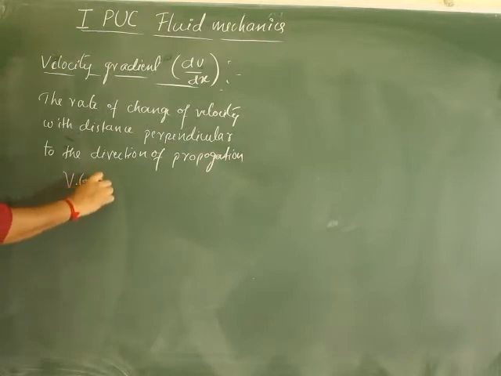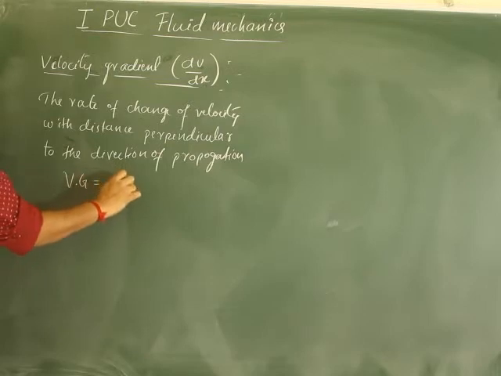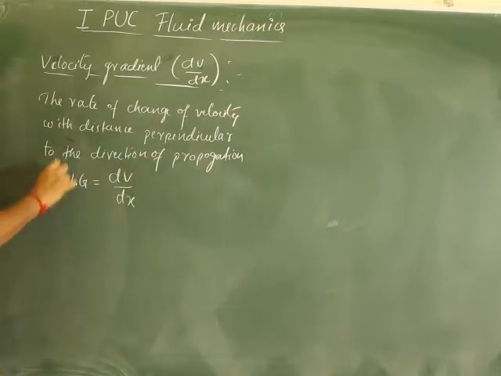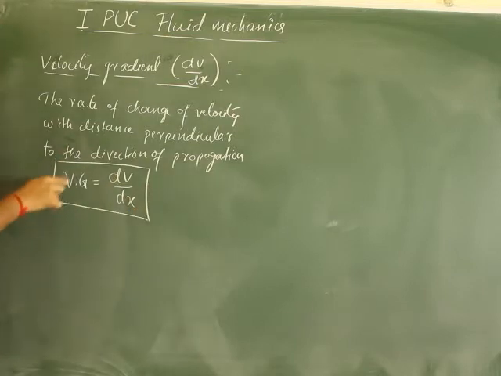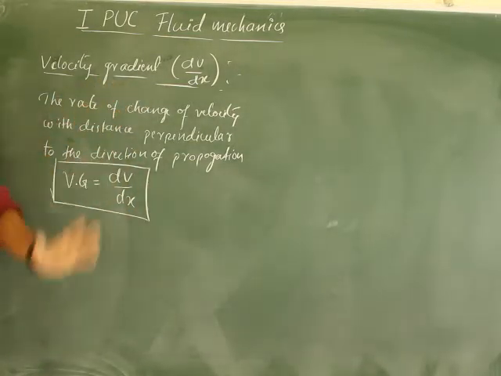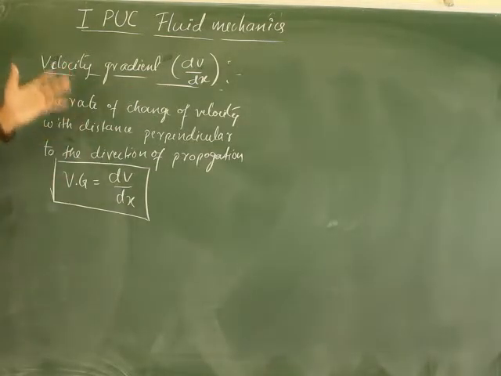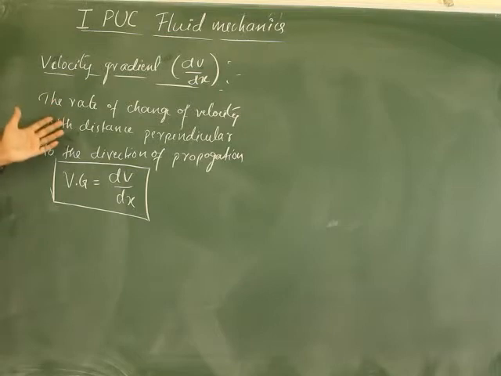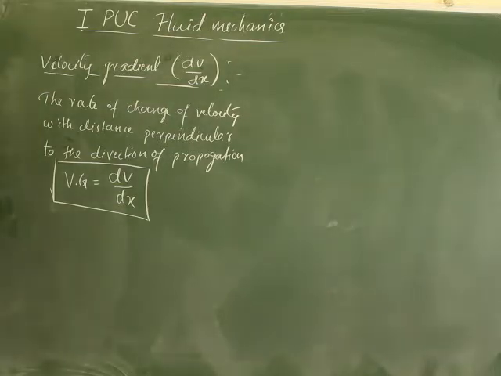In short I am writing it as dv by dx; in your notes you can write velocity gradient equals dv by dx. Have a look, it is a very simple definition: the rate of change of velocity with distance perpendicular to the direction of flow is called velocity gradient.